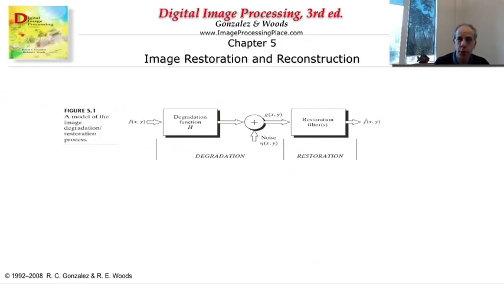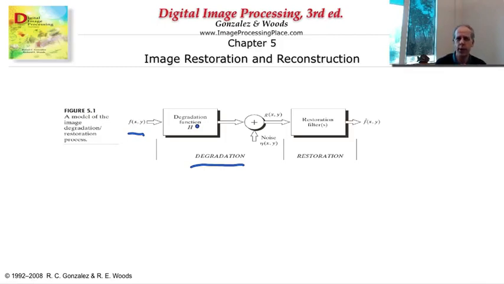So in image restoration, in contrast with image enhancement, we are going to try to restore the image. We're going to have a model for the degradation, and that's what we see here. Basically, we start with an image. The image goes through some degradation, which is represented by this filter H. Examples of degradation, and we're going to discuss them in detail later on, are, for example, blurring.